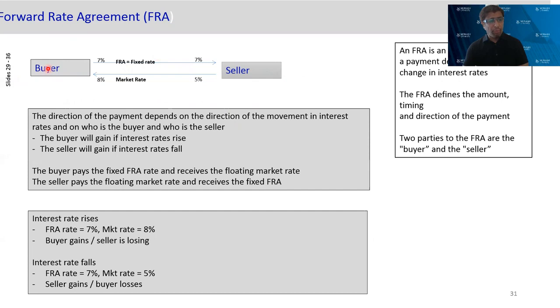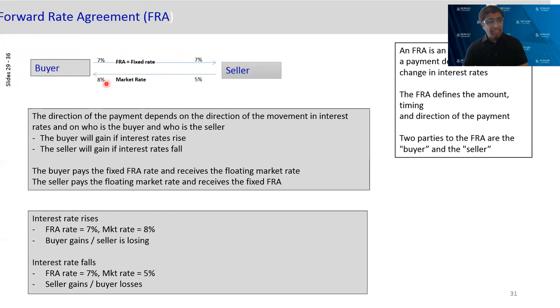So usually there will be a buyer and a seller. Now, the buyer's main concern is to sign a contract and state the FRA, which is the fixed rate, say 7%. Now, this is today. Assuming this contract is 90 days or 180 days, later on, when you come and settle at maturity, the interest rate could be 8% or 5%.